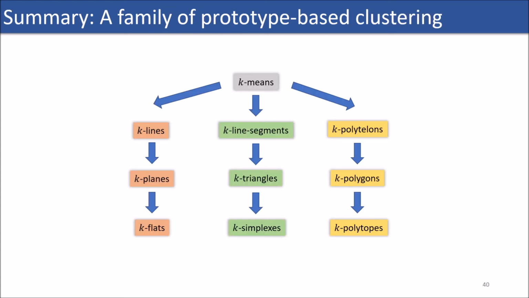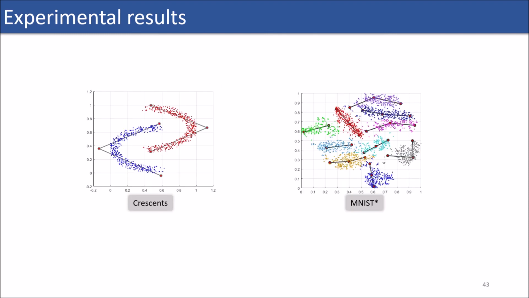Here is the family of clustering methods that can be attained through the framework presented here. K-polytelens and K-polygons as 1D and 2D prototypes are tested for experimental validation, in 2D and 3D data spaces respectively. Here are the convergence states for synthetic crescents and reduced hemness datasets using one-dimensional polytopes.